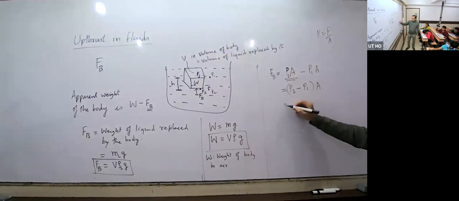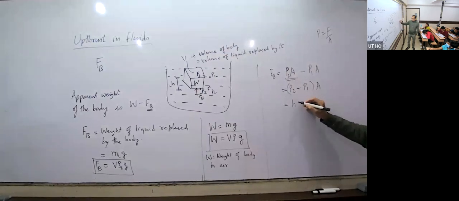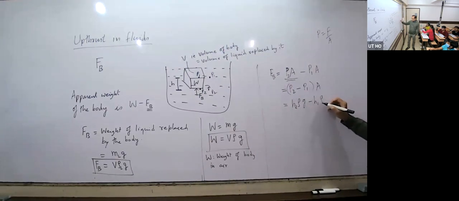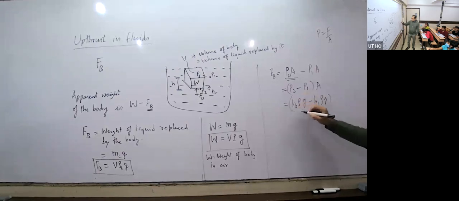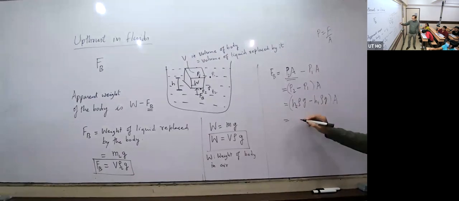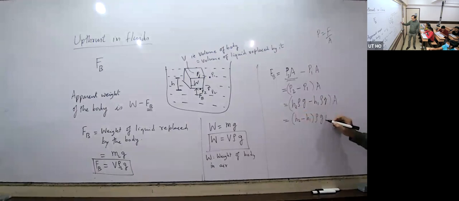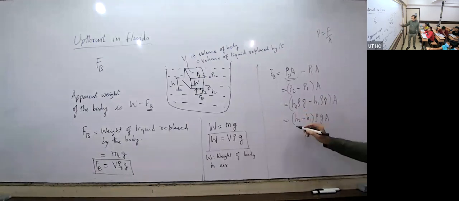And then we said, what is P2? P2 was H2 rho G, right? And this will be H1 rho G. So all these things we did in the last class, but I am just doing it again so that you are with me. So how much is this? H2 minus H1 times rho G, right? And what is H2 minus H1?